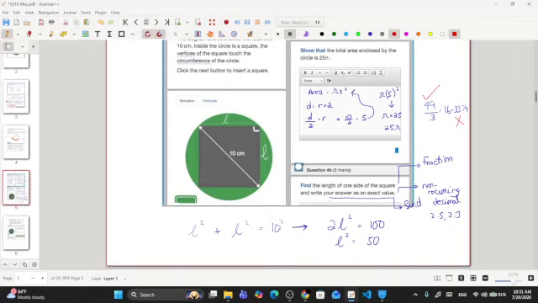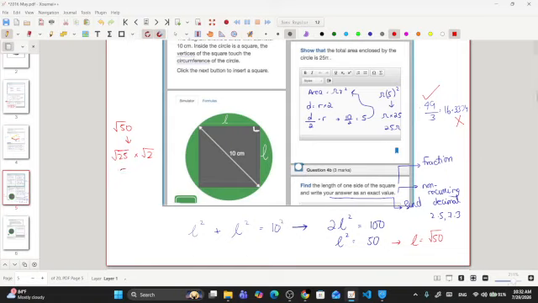So it says write your answer as an exact value. L squared equals 50. I know that the value of L should be equivalent to the square root of 50. But once again, that's not our simplified final answer. Square root of 50 can also be written as square root of 25 multiplied by square root of 2. Same logic, right?